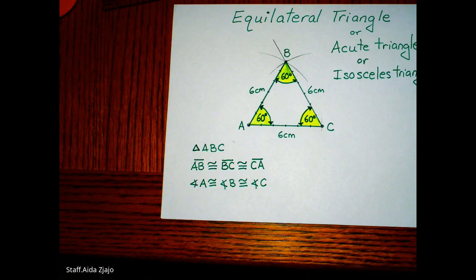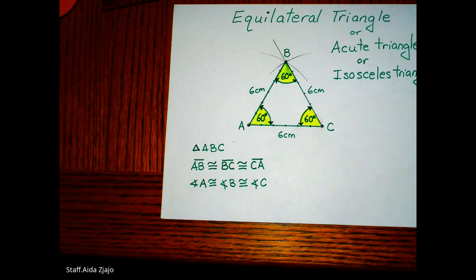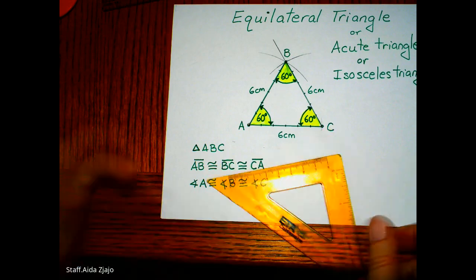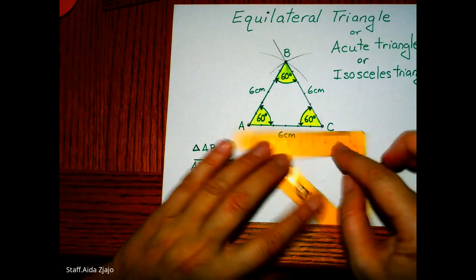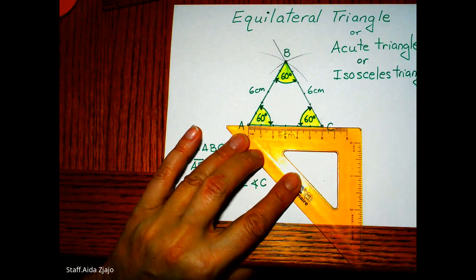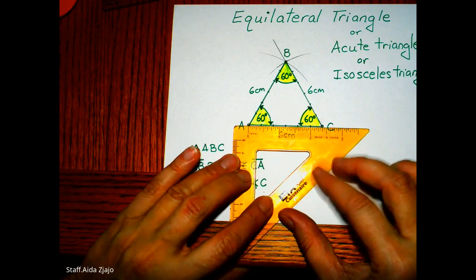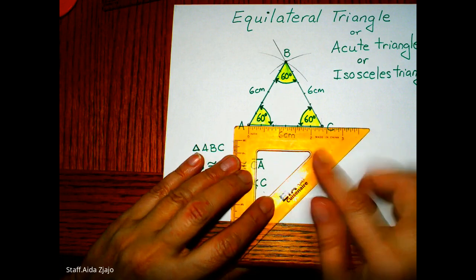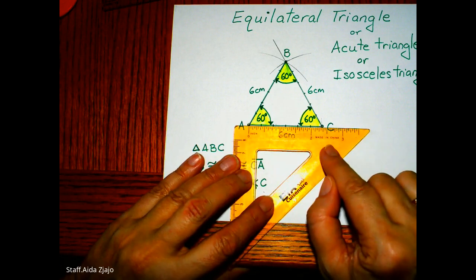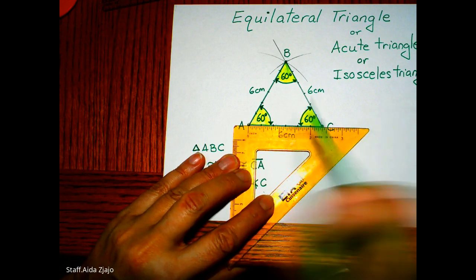When you measure this triangle, you can also change your measurements if you like. This is 6 centimeters, but if I would like to show that in inches, I can take my ruler and look at how many inches the 6 centimeters would be.